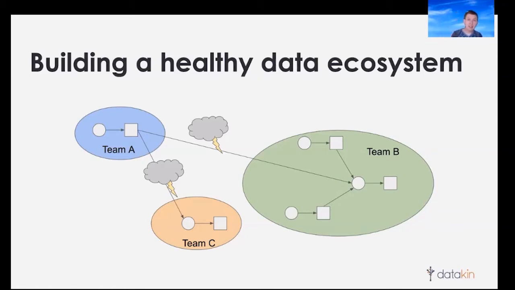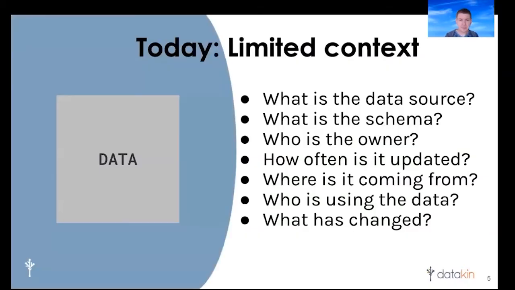To build a healthy data ecosystem, you need to build the visibility and the tools to enable understanding of how teams depend on each other and what's happening. That's how you make healthy, agile, fast-moving teams that can build things quickly without brittle dependencies. Today, a lot of that friction is caused by the limited context people have around data, right?